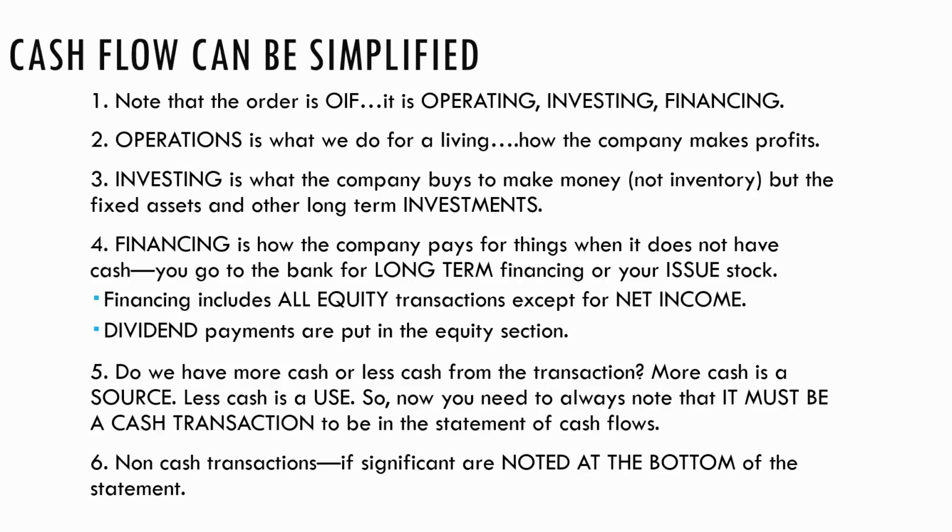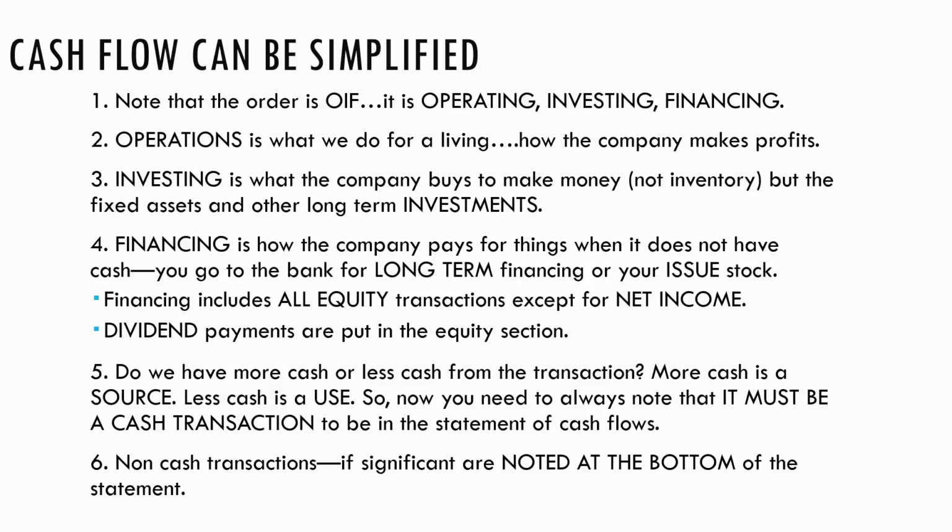So instead of selling inventory and getting cash in that way, maybe there's not enough cash and they need to buy more inventory. Well, they might go to the bank, for example, for getting long-term financing, or they may issue stock. This is called financing. So this could be a source of funds for the company.